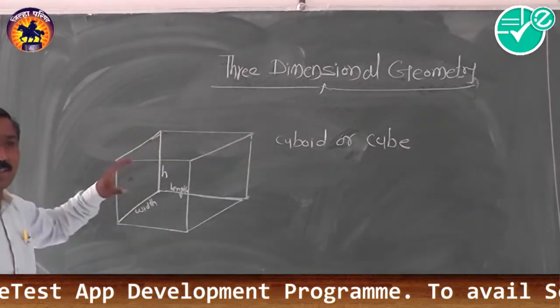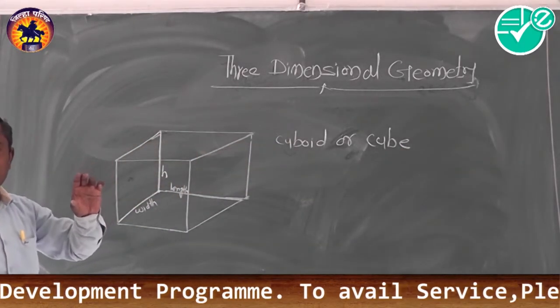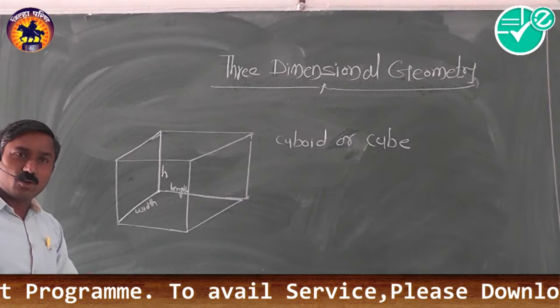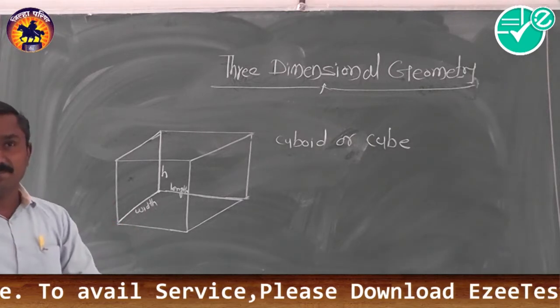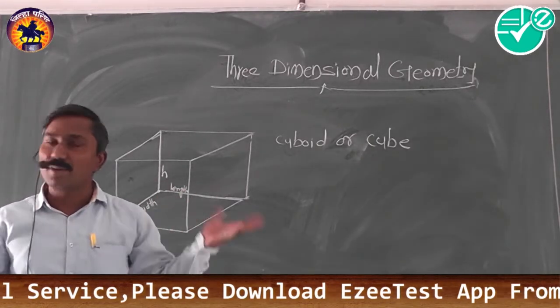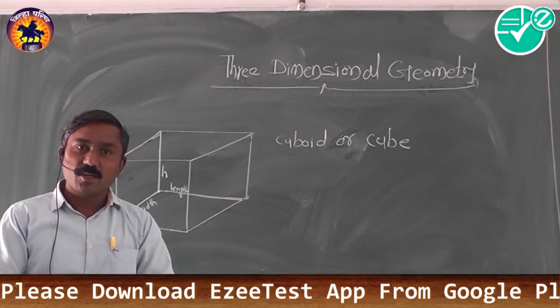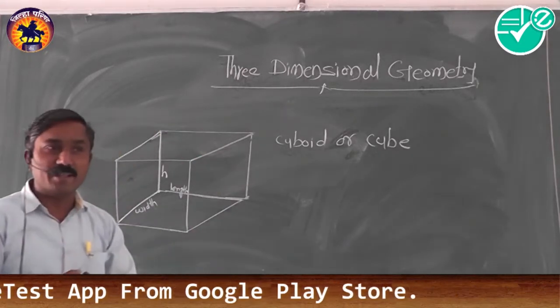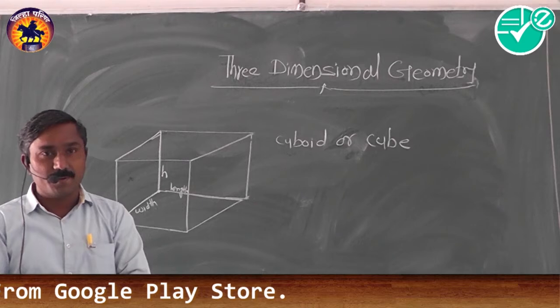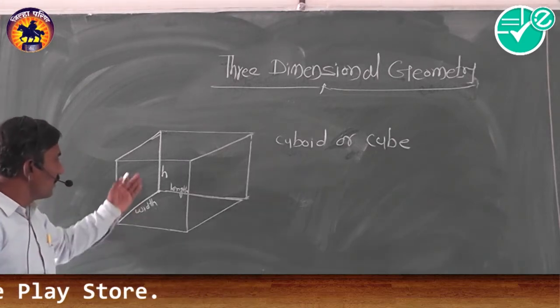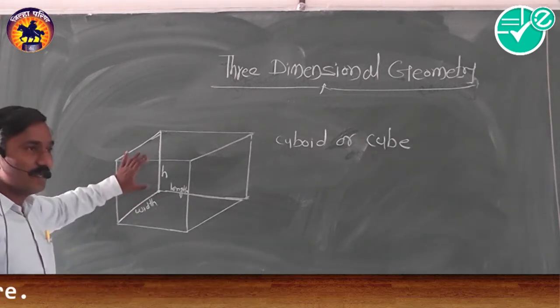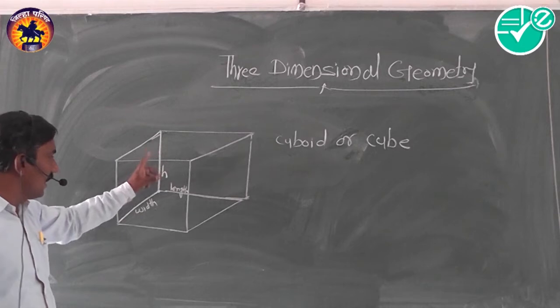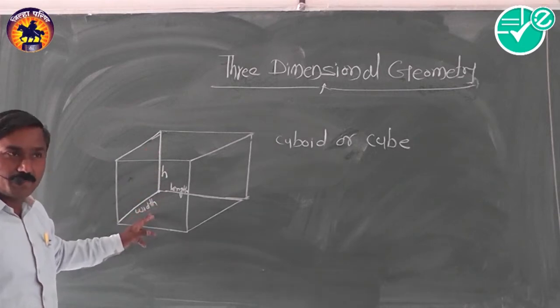Cube is also a three-dimensional figure. We can say that we are living in three-dimensional space. In our hall, this is our three-dimensional. So what is the purpose of three-dimensional geometry in our mathematics, that we have to see here. Dimensional means we have to consider three things: height, length and width.